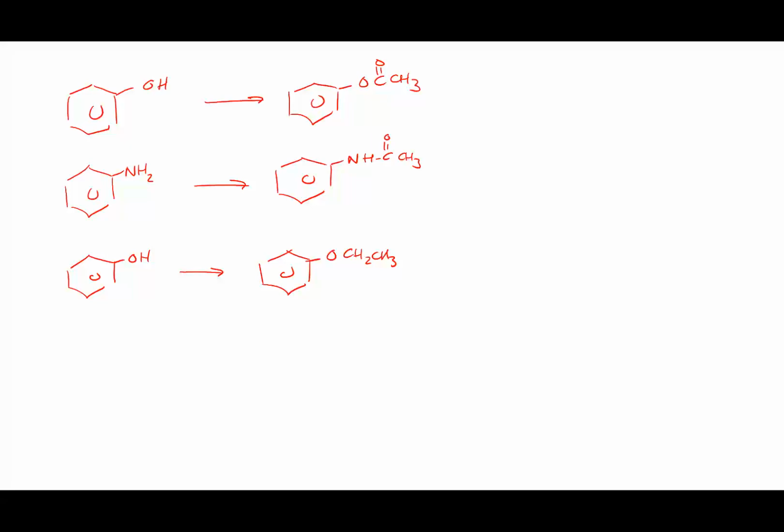So we basically said that for making an ester, we could use either the carboxylic acid and acid, do Fischer esterification, or we could do an acid chloride.